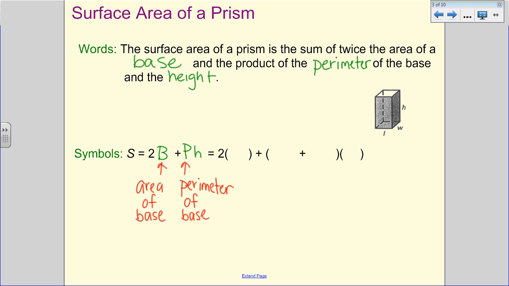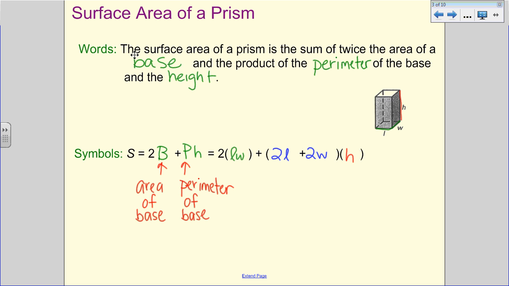And obviously H is height. So if we look at the prism that we have here, it's 2 times L times W. So LW will give you the area of the base, plus 2L plus 2W. That's the formula for perimeter. Then we're going to multiply that by the H.